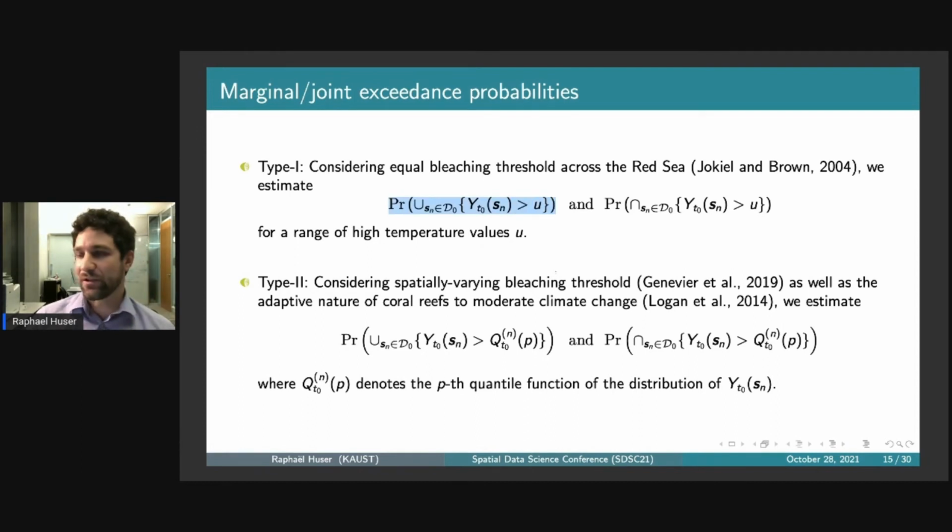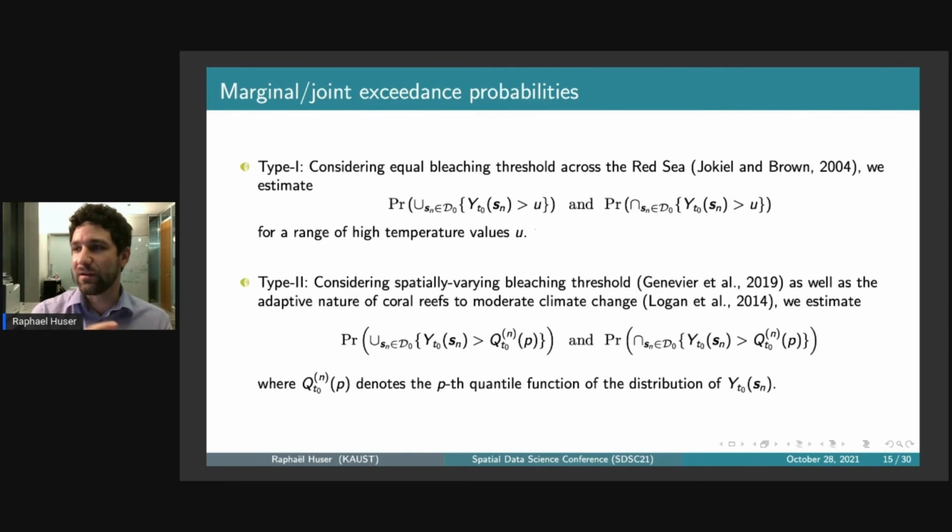The first probability that we consider is: we fix a certain region of the Red Sea, D0, and a certain temperature threshold U, and we look at the probability that at least one value within that region exceeds the threshold U. And this other probability on the right-hand side is the probability that all the locations within the region exceed the threshold U. That's what we call type 1 of this probability.